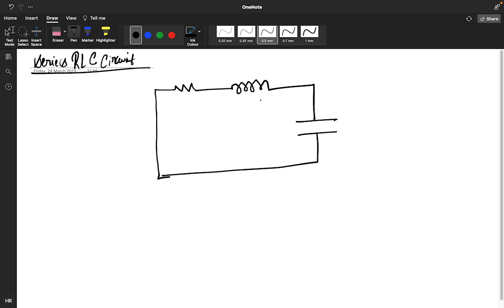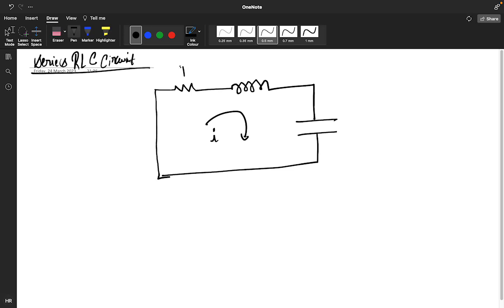So if you have a circuit like this, RLC, and suppose the current I is flowing.